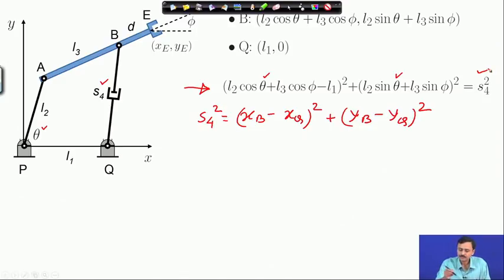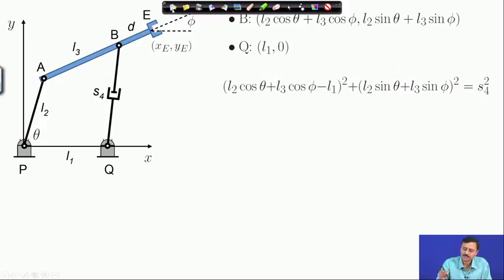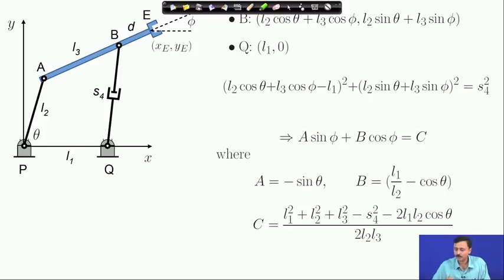Therefore, I can simplify this equation and assemble it in the form A sin phi plus B cosine phi equal to C, which you can easily do, where you will find that this A, B and C are completely known because I know theta and I know S4.